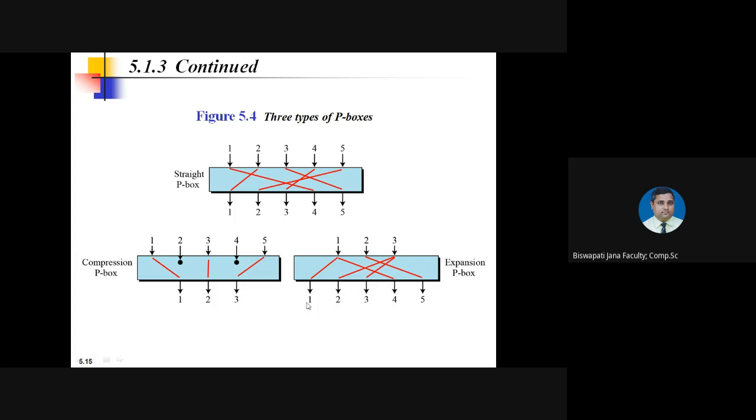So this is how 5 bits are produced when you give 3 bits as the input. So this is the P box, the permutation box. It is of 3 types: straight P box, compression P box, and expansion P box. Compression means data has been reduced, and expansion means data bits have been increased.